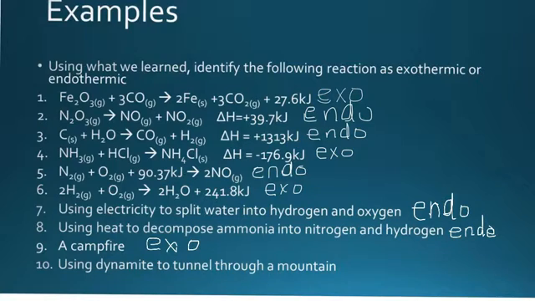And dynamite, to tunnel through a mountain. The dynamite is releasing a ton of energy. So again, the energy is exiting that system, so we'll say that is an exothermic reaction.